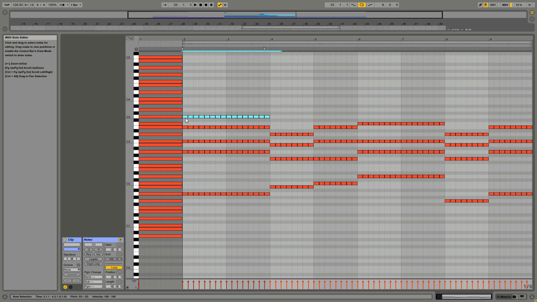And of course, if we move the G 1 octave down, this is still an A minor 7th chord, but just voiced up differently.